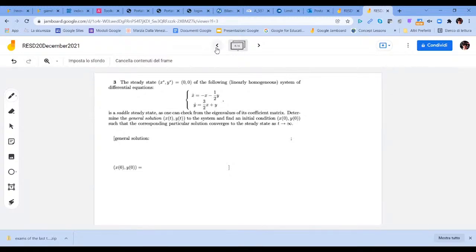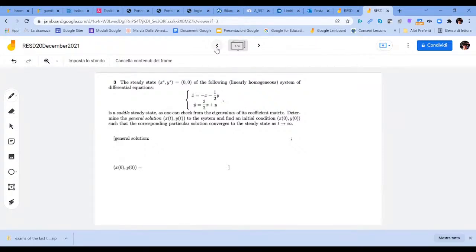The steady state is a saddle steady state as one can check from the eigenvalues of its coefficient matrix. That is a steady state that diverges because we have the term where the coefficient of t, one of the eigenvalues, is positive.